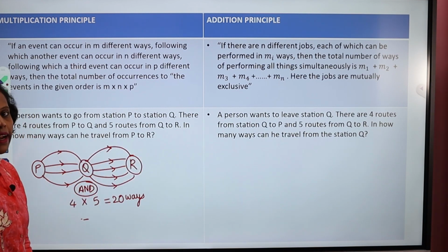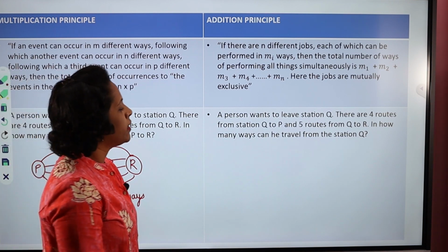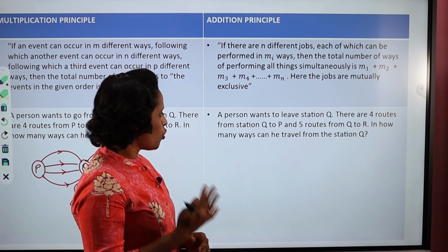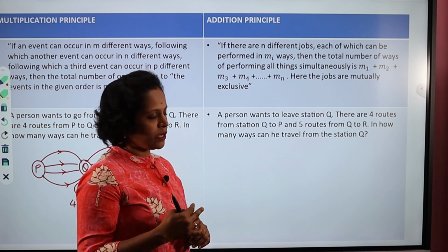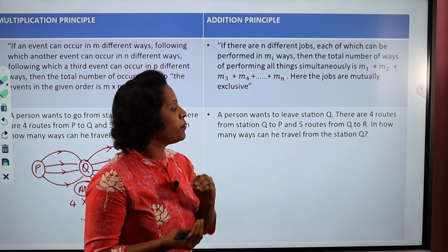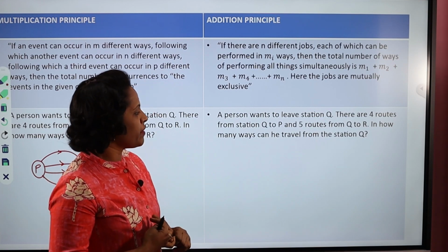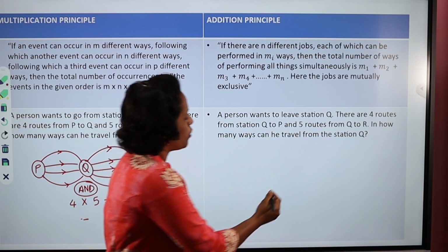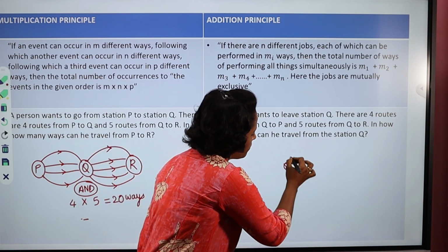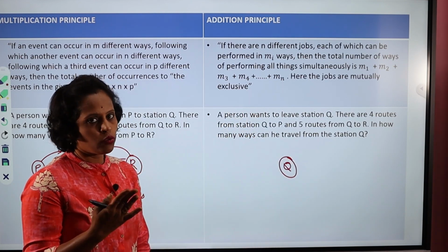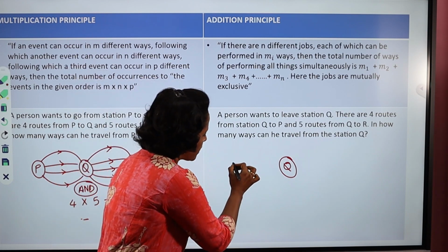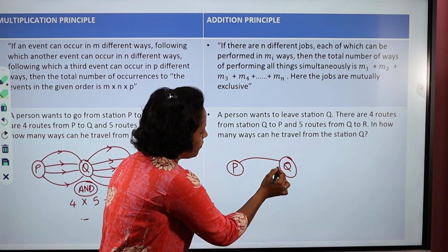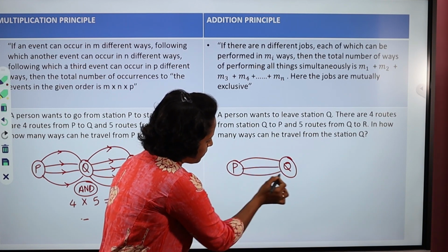Let's see what we get under addition principle. A person wants to leave station Q. There are 4 routes from station Q to P and 5 routes from Q to R. In how many ways can he travel from the station Q? Right? Now we have a station Q here. There are 4 routes from Q to P. There is another station P. From Q to P, we have 4 routes.